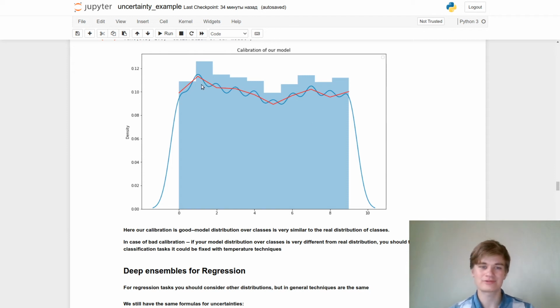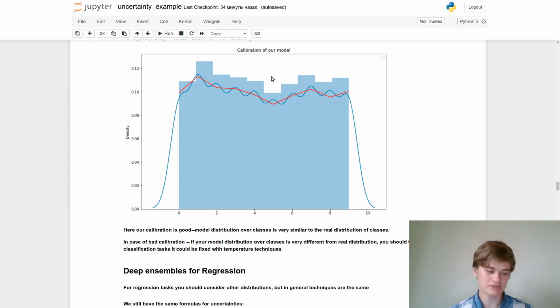But if, for example, this red line with our average predictions will be much below the real probability for this class here, and for example much higher than real probability of class here, then we will calibrate our model.